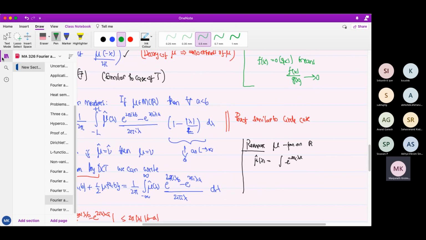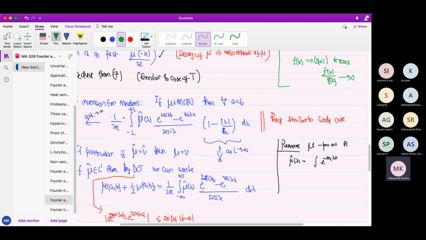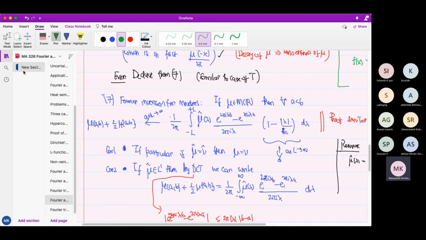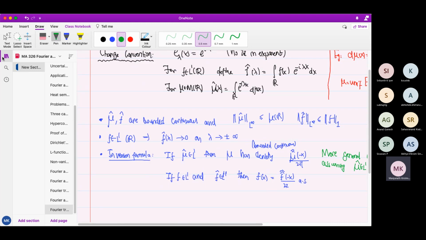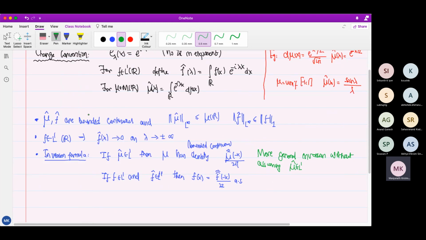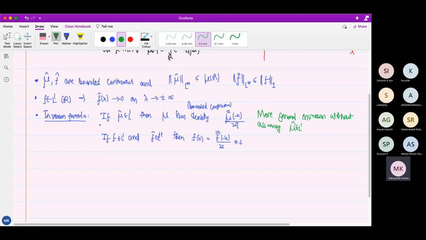You can write such a formula. I think it will be exactly this without the 2 pi's here. There are no 2 pi's in this, e to the I lambda b minus e to the I lambda a over I lambda. But there is a 1 over 2 pi here. I think with that, this is exactly the formula. But I will write it properly in the notes, hopefully, if I manage. Okay, so that is also done.